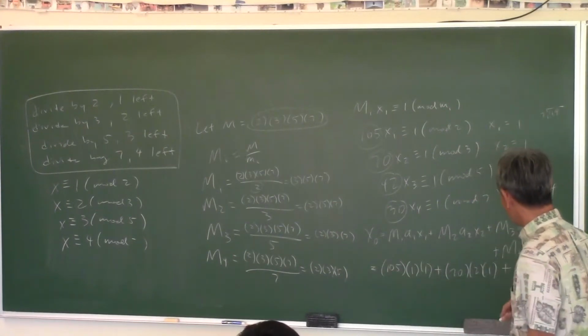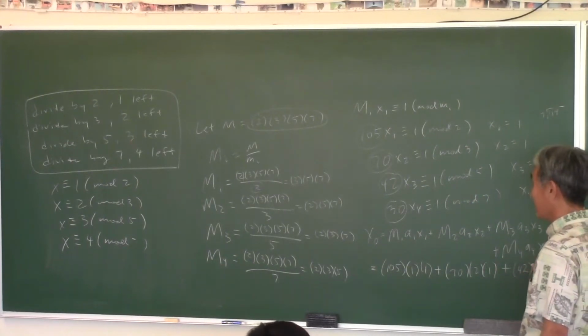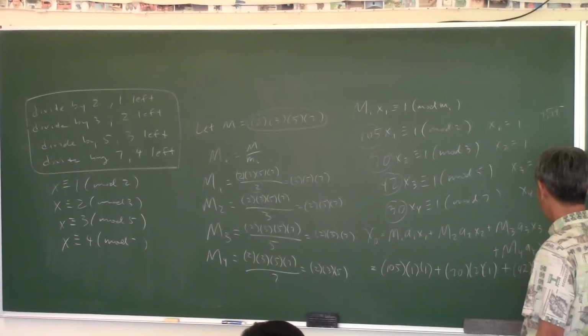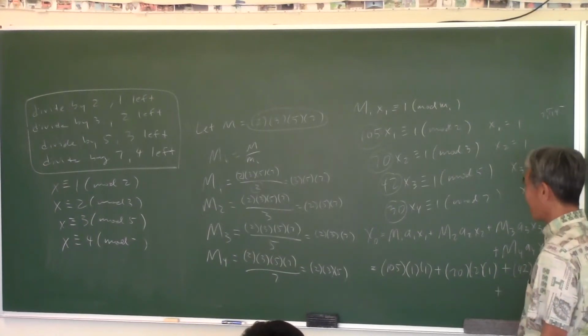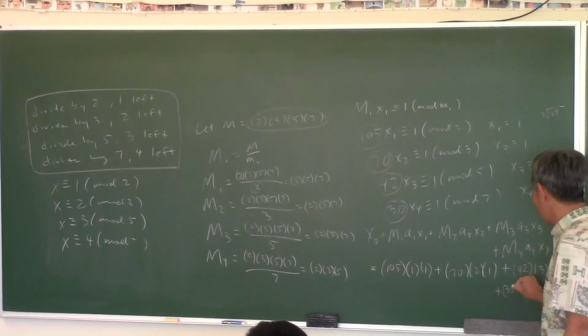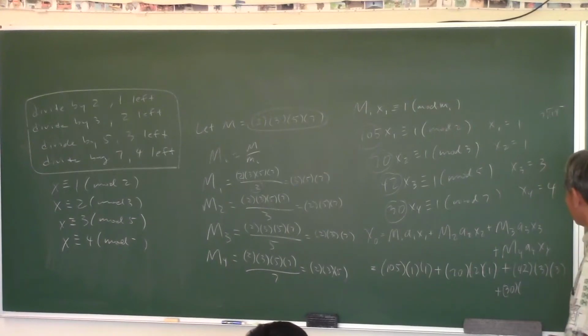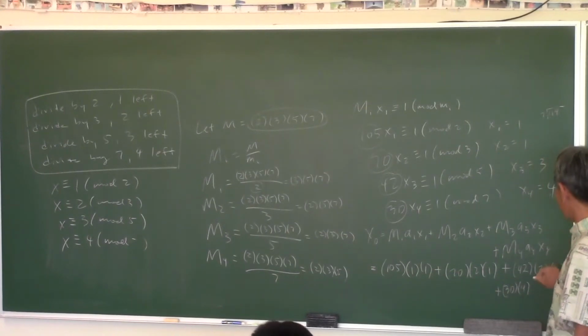Plus M3, 42, times a3, 3, times x sub 3, 3. Finally, capital M4, 30, times a4 is 4, and x4 is 4.